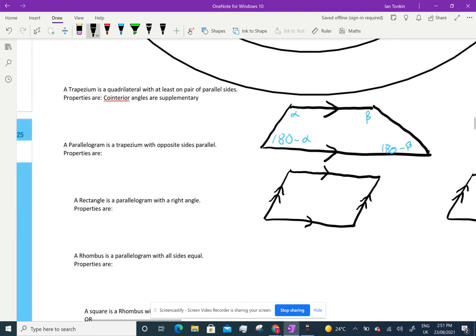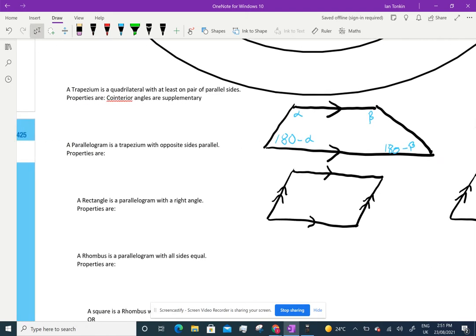So the first property, well, we know that this angle and this angle must add up to 180. But we also know that this angle and this angle must add up to 180 because they're co-interior from the other side. So that means this angle must be the same as that angle, and that angle must be the same as the one up there, and that is our first one.